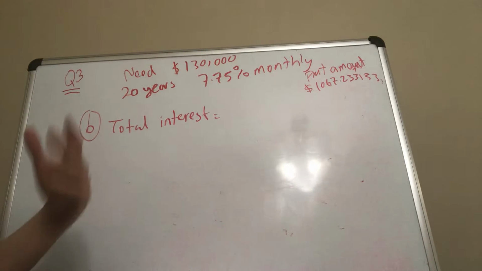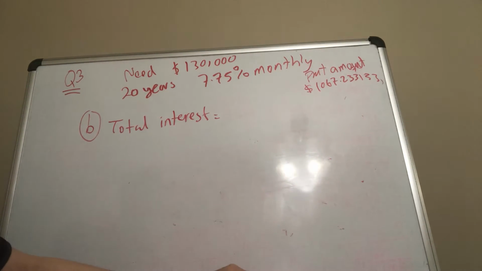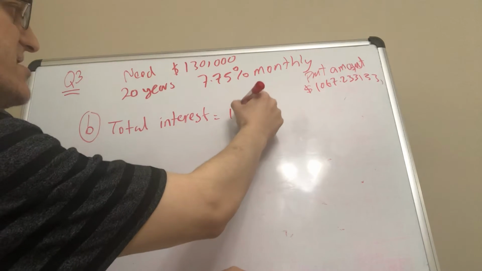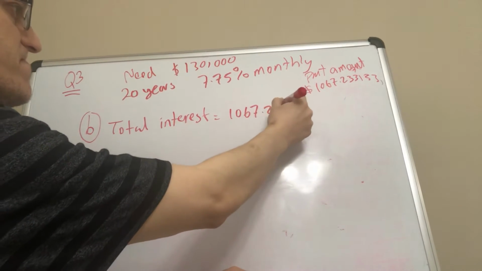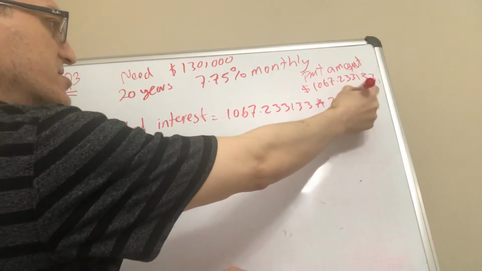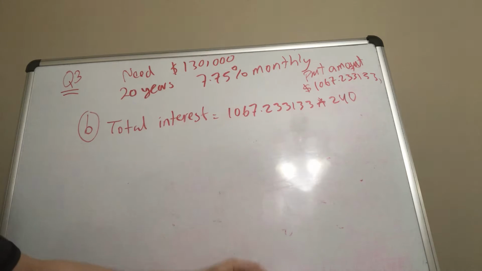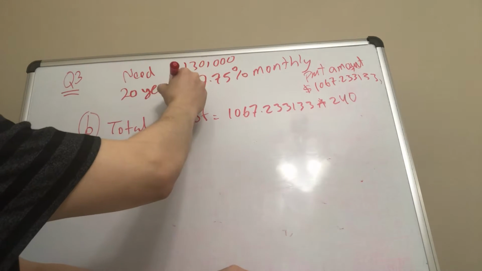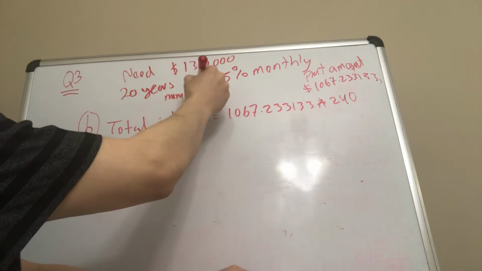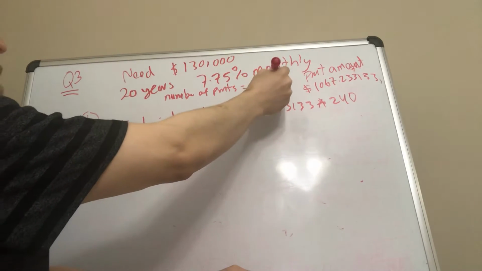To figure out how much interest you're going to pay for this loan, you know that they're making this payment 240 times, because we know it's 20 years, 12 payments a year. So the number of payments is 240.